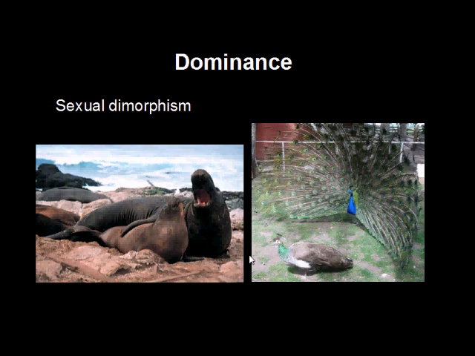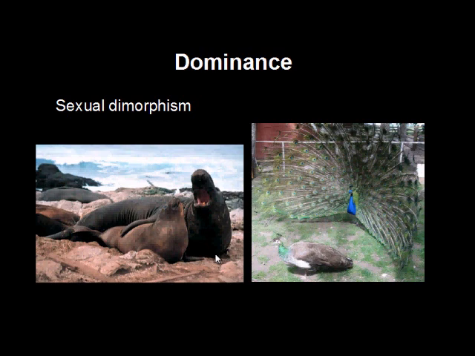So, for instance, here we have two really prototypical examples. We've got elephant seals. The males are huge, and the females are much smaller. So this is a male and a female. They're the same species. They look really different, different sizes, but they're the same species. And in this case, the males, the dominant males, hold huge territories, and they fight each other very viciously.